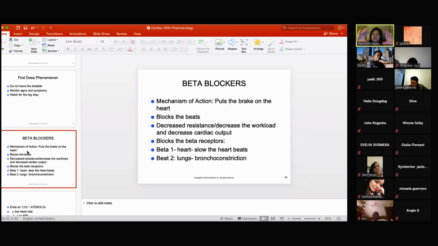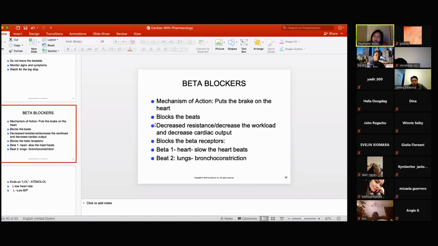Remember, one heartbeat involves ventricular contraction, when the ventricles contract to push out all of this oxygenated blood. To decrease the workload of the heart, the beta blockers are there to block some of the heartbeats, decreasing the workload.